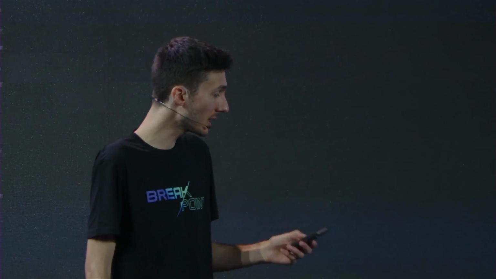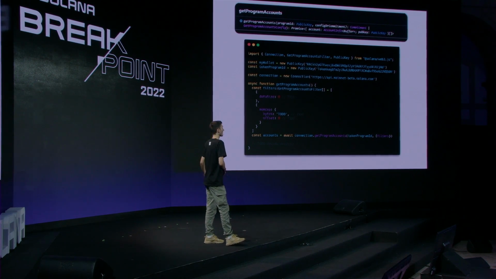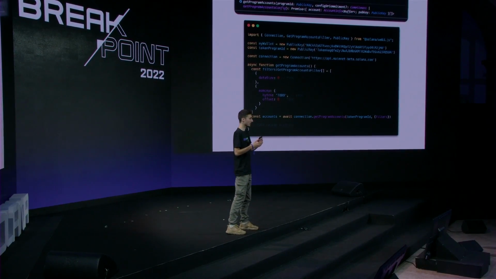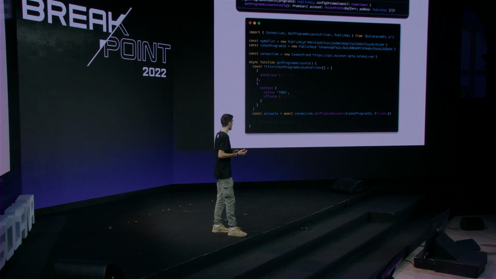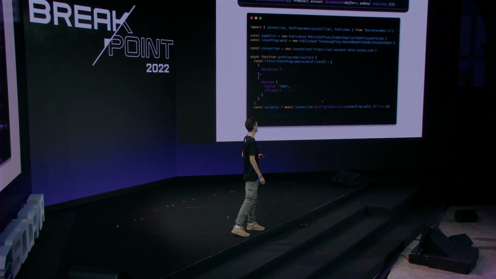Yeah, really, really good question because it's a day-to-day problem that we have. Basically, getProgramAccounts, as I explained here, is a really heavy task for the RPCs because, as I said, it will try to filter all the tokens.